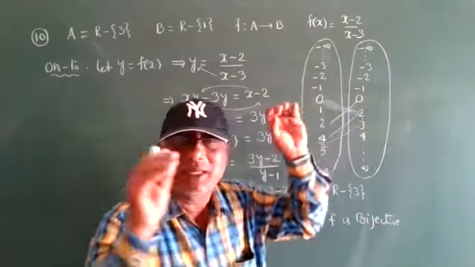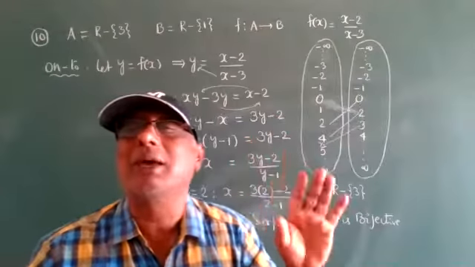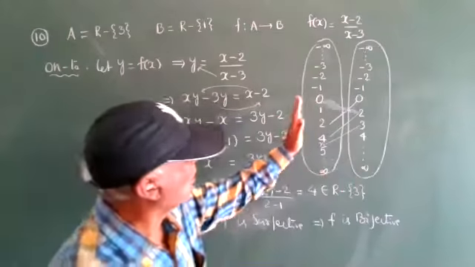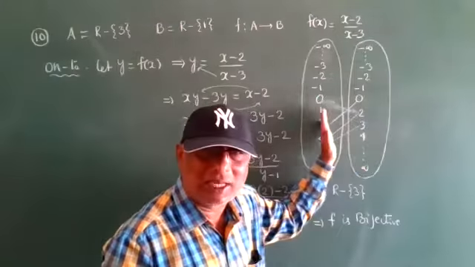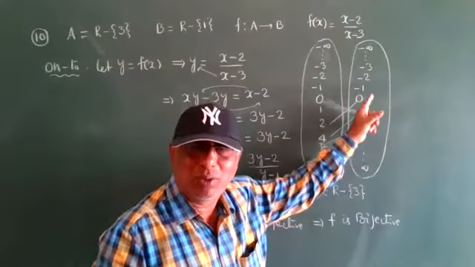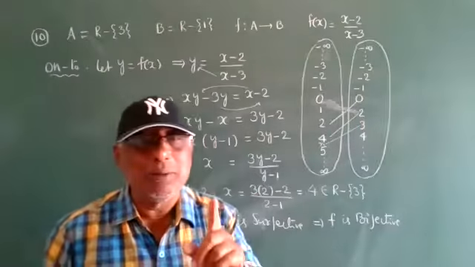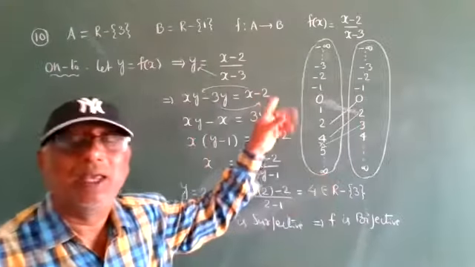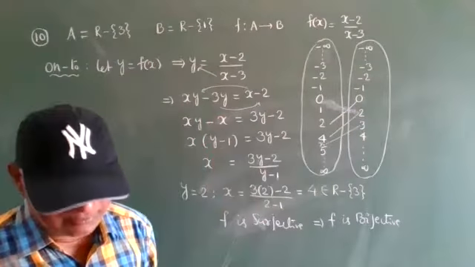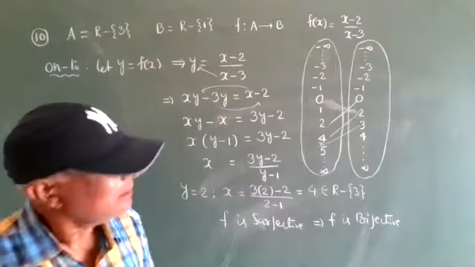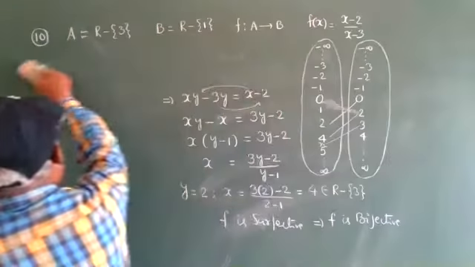Codomain elements we are getting are the same as the range. You don't compare this one and this one; this is separate, this is separate. So range means only mapping elements. Okay? Codomain means only mapping elements of the codomain. Okay? Right.